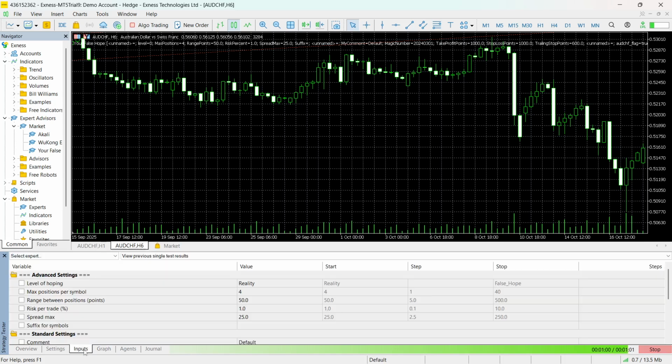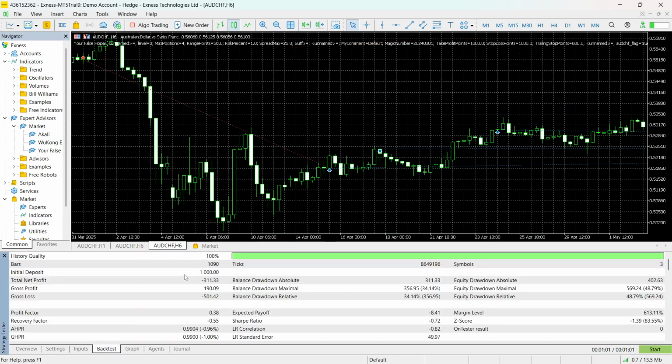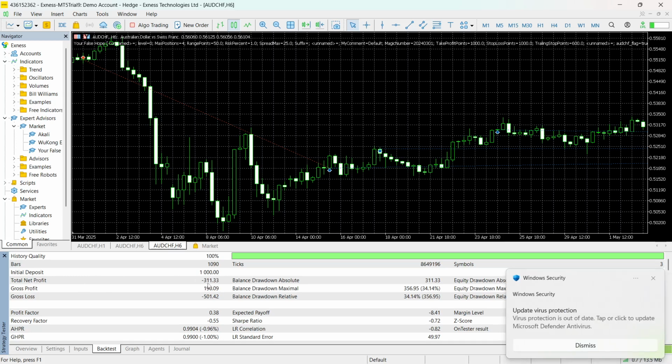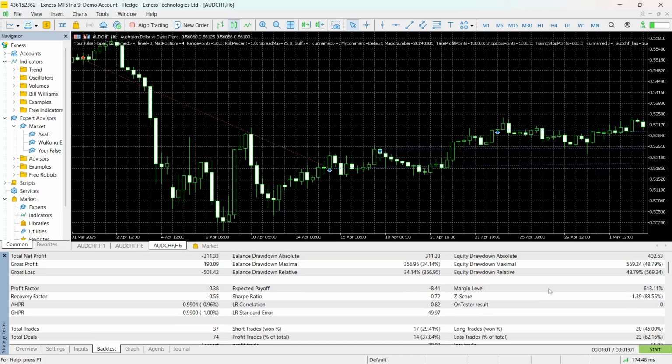All right, so let's take a look at the backtest results. With an initial deposit of $1,000, the total net profit, or loss actually, was $311. The balance drawdown maximal was 34.14%, and equity drawdown was 48.79%.